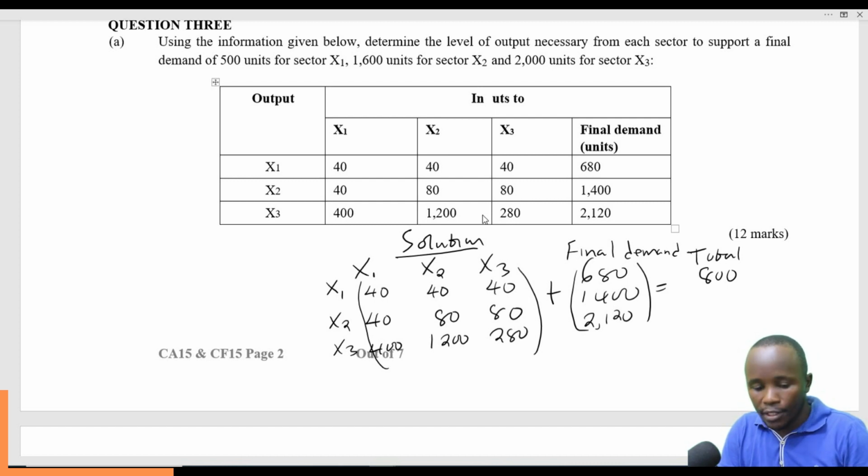The next one is 40 plus 80 plus 80 plus 1,400. This gives me 1,600. And finally, 400 plus 1,200 plus 280 plus 2,120. This gives me 4,000.